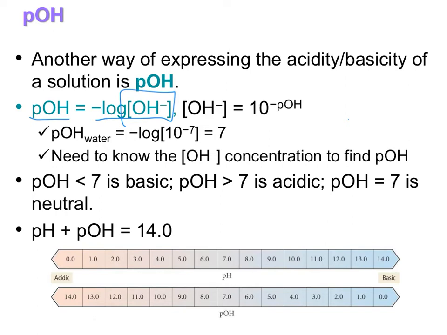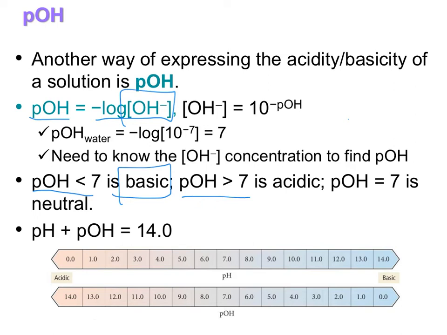It's the same exact idea, but with hydroxide concentrations. When pOH is less than 7, we have a very basic solution, because less than 7 means you have a higher concentration of hydroxide. And when pOH is greater than 7, you have an acidic solution.